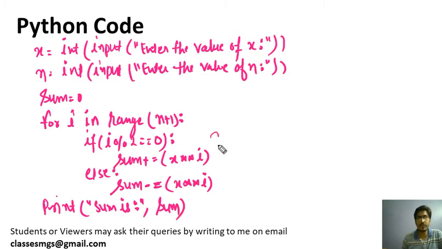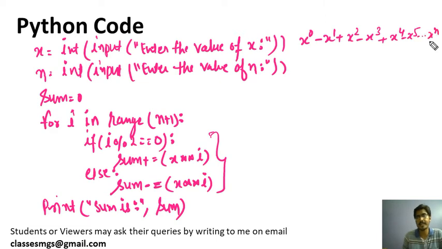If you don't want to use the if else condition, you can do the same thing using this. You can see this series: x0 minus x1 plus x2 minus x3 plus x4 minus x5 and so on up to xn. So what is happening is, in case of an odd term we are subtracting, in case of an even term we are adding.